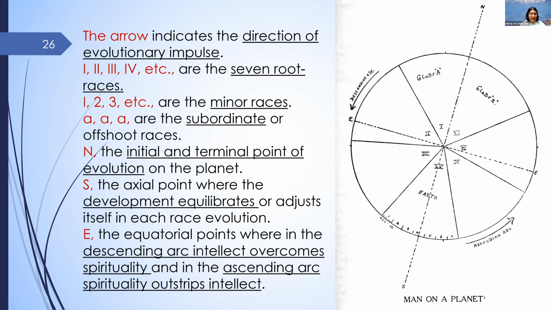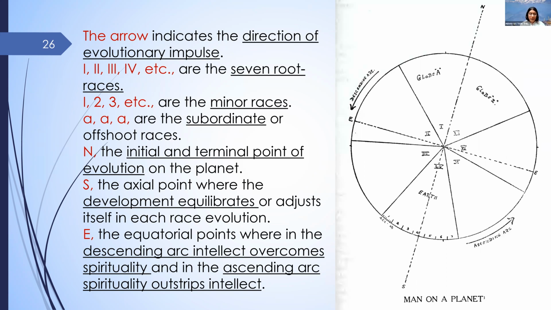Then on the descending arc from globe A to D, spirit is transforming into matter, and man evolves sequentially. He becomes less and less spiritual and less ethereal. This is happening from globe A to globe D in the descending arc.